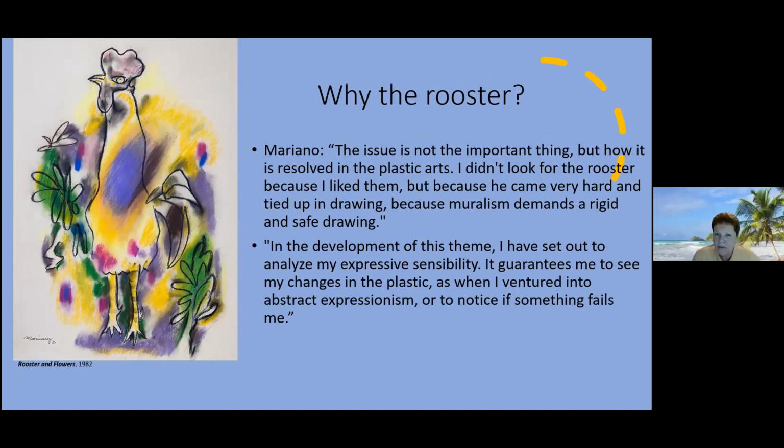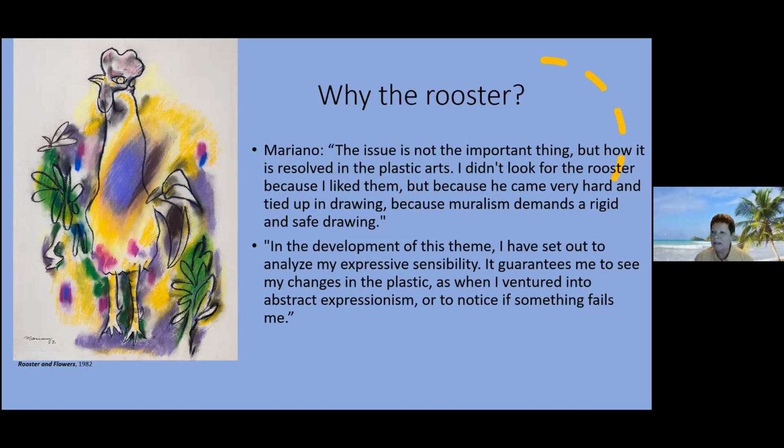I didn't look for this because I liked it, but because he came to me tied up in drawing, because muralism demanded and the drawing was important to the background. In the development of this theme, I have set to analyze my expressive sensibility. It guarantees my changes in the plastic is when I ventured towards abstract expressionism or to notice of something else moved me." So the rooster is an excuse to paint.